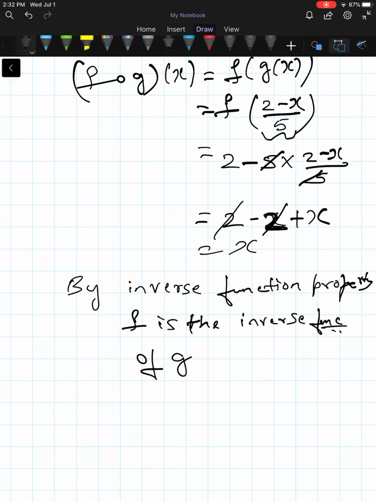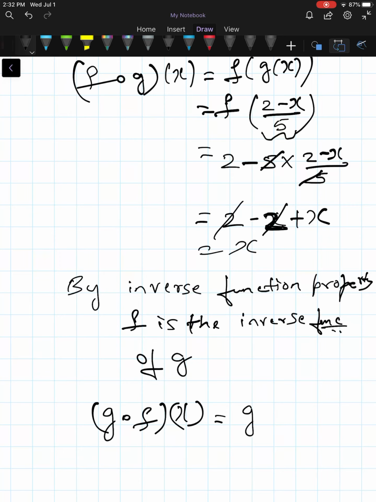To do the vice versa, you are asked to check f and g are inverses of each other. So you also have to check g is the inverse of f. So for that, apply g composed with f on x and check whether you are getting back x.